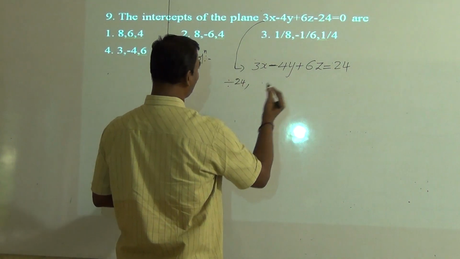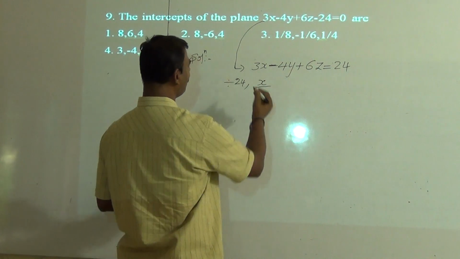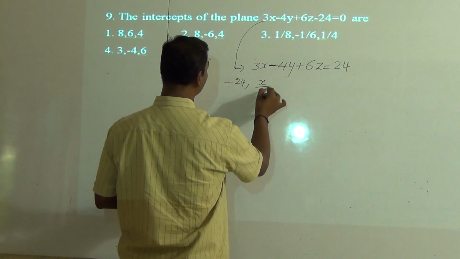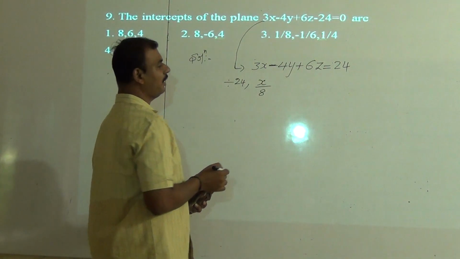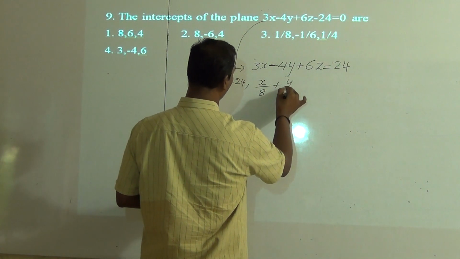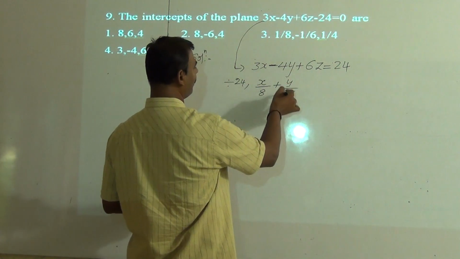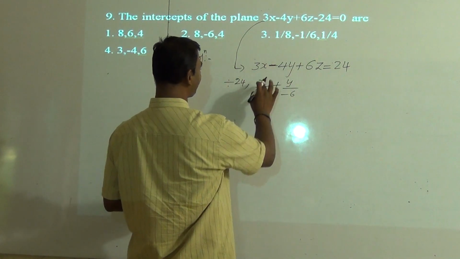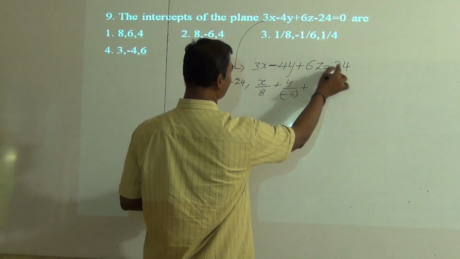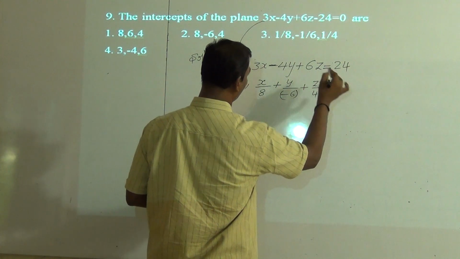Then x upon 24 by 3, that is 8, plus y upon minus 24 by 4, that is minus 6, plus z upon 24 by 6, that is 4, equals 24 by 24.